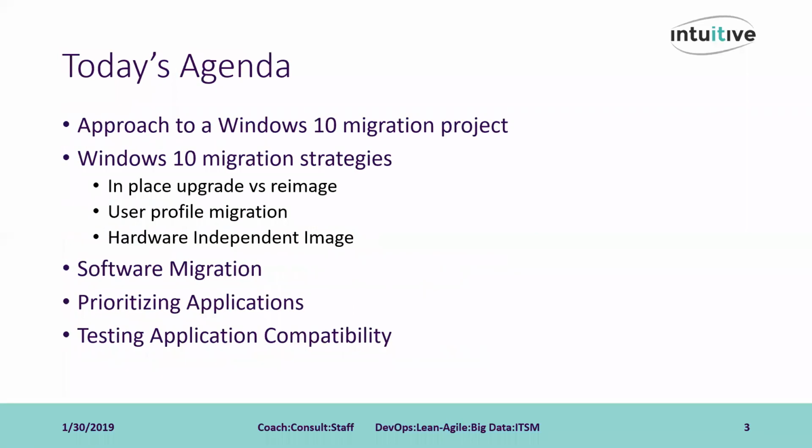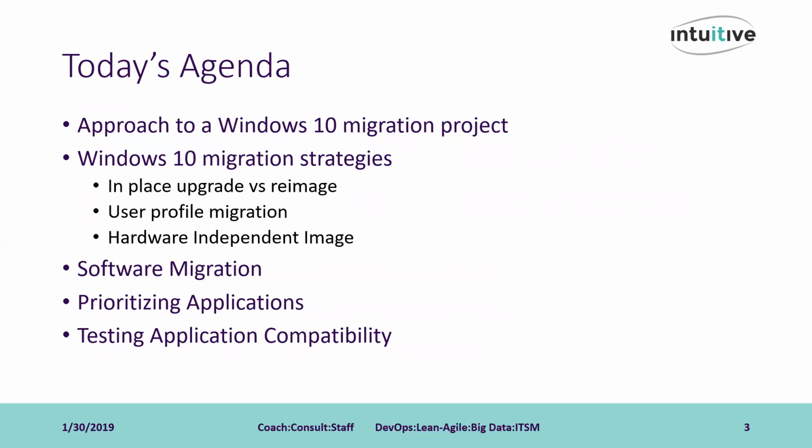Great. Thanks, Mike. Just a quick overview of our presentation agenda for today. I'm going to walk us through the approach to Windows 10 migration projects. So we're going to talk about the strategy and our overall approach to how we tackle a Windows 10 migration project.